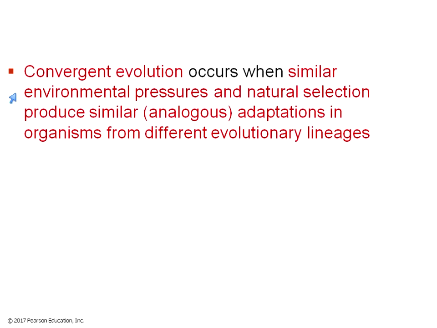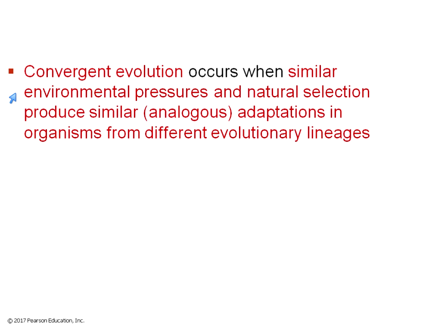Convergent evolution is when you have similar environmental pressures and natural selection that produce similar or analogous adaptations in organisms, but they come from completely different evolutionary lineages. So what that means is with convergent evolution, you end up getting the same structure or the same function, if you will, but they went about different ways to get there.